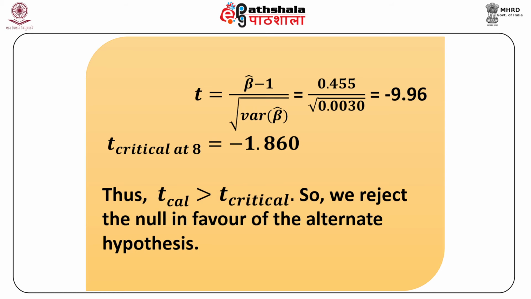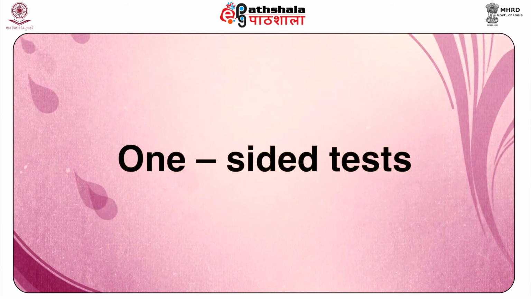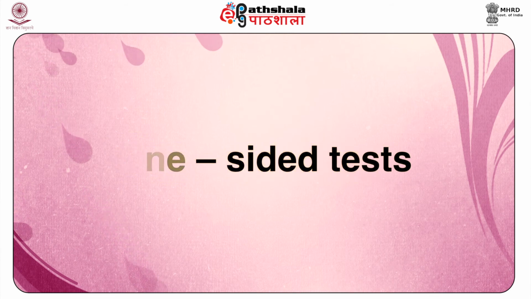So what do you think you would be concluding? We can see that this is greater than the modulus of the critical value, so we reject the null hypothesis in favor of the alternative hypothesis.